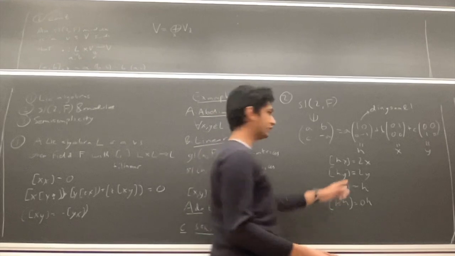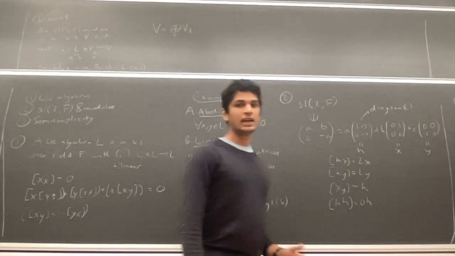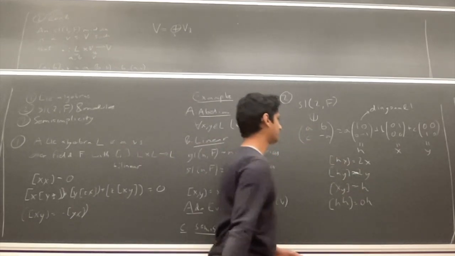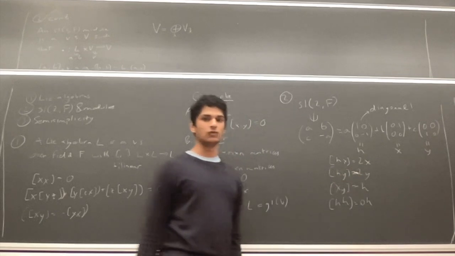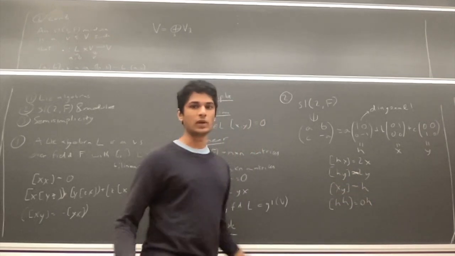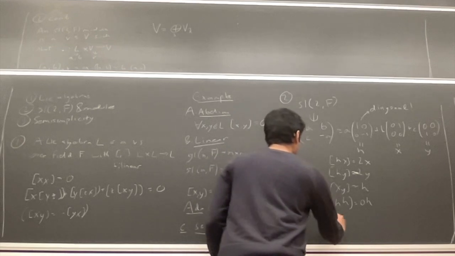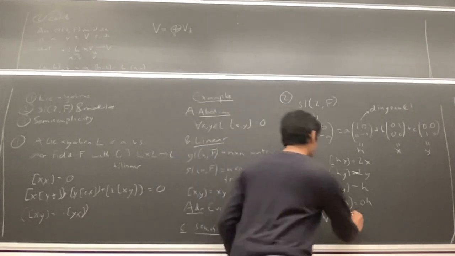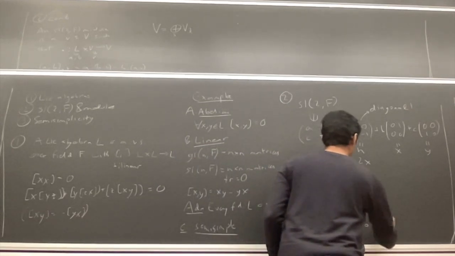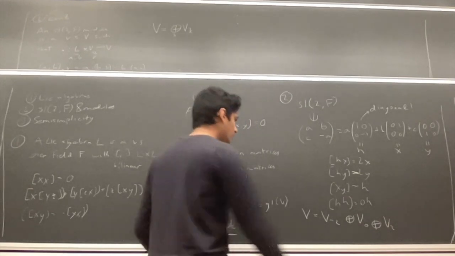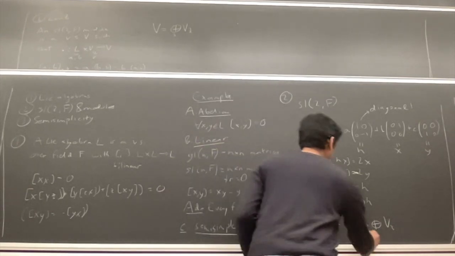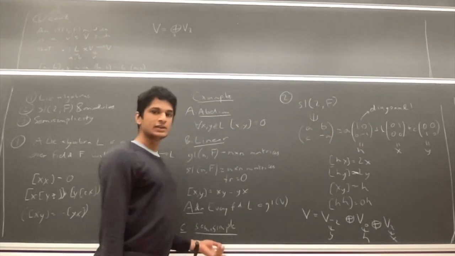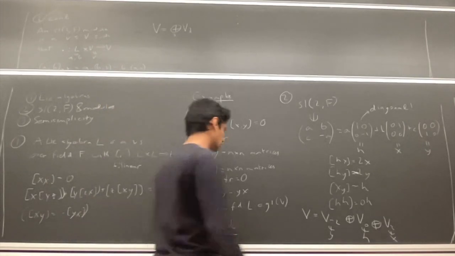So sl2(F) has the three elements H, X, and Y. And we know H acts on X, H, and Y by doubling X, killing H, and taking minus 2 of Y. So we have the three weight spaces of sl2(F) as a vector space: V_minus2, V_0, and V_2. And we know that Y is in V_minus2, H is in V_0, and X is in V_2. So this general pattern we'll see applies in a broader context.